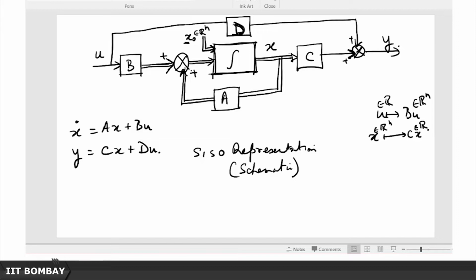What else have we seen? We've also seen that there's a way of reversing this process. By that I mean that given a state space realization, there is an expression for the transfer function. Even before that, we've also seen how to approach these different state space realizations.